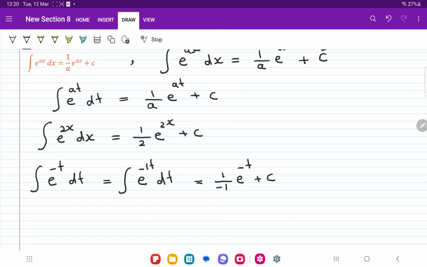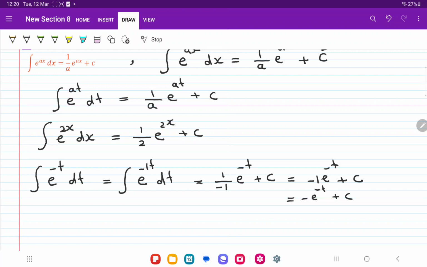If we divide 1 over negative 1, we end up with negative 1 e to the power minus t plus c. When the number in front of the letter is 1, usually we don't write it down, so we just put minus e to the power minus t plus c.